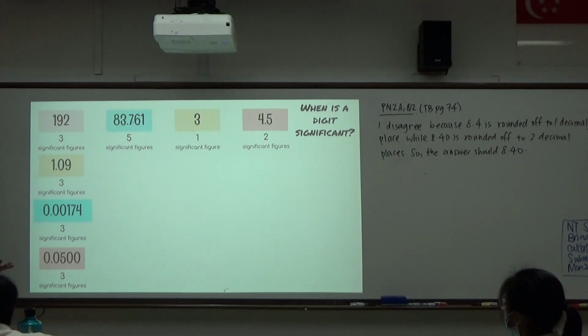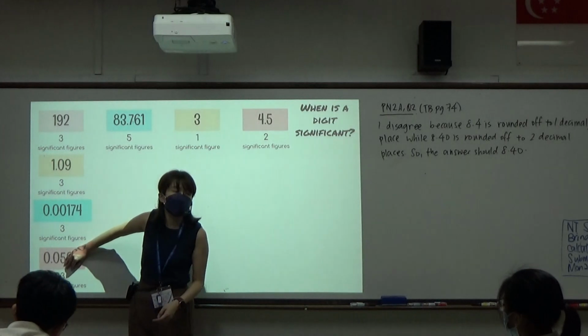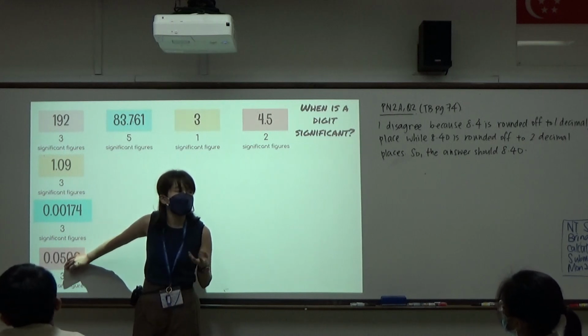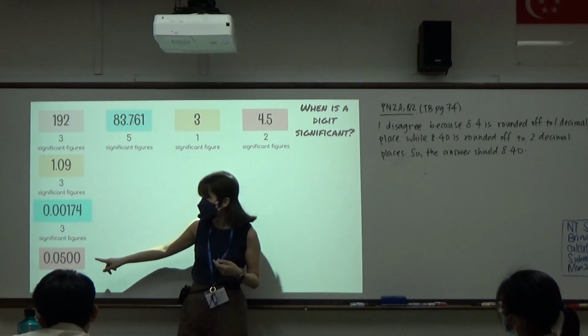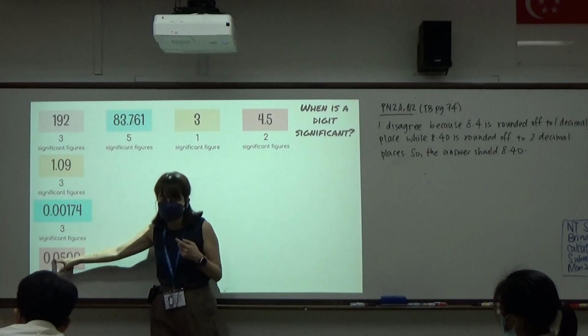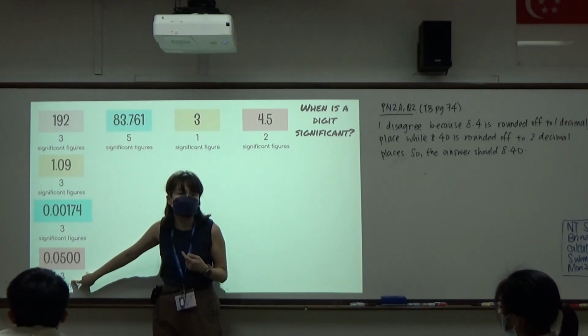Otherwise I could have just put 0.05, because 0.05 is the same value as 0.0500. But for the fact that I wrote it there, it must be important. That's why the number of significant figures over here is 1, 2, 3, 3 significant figures.